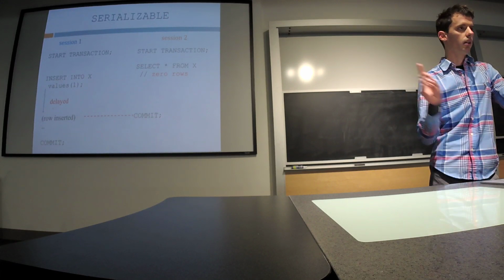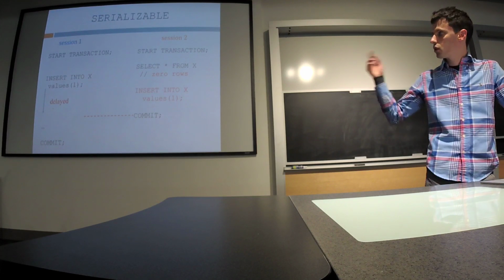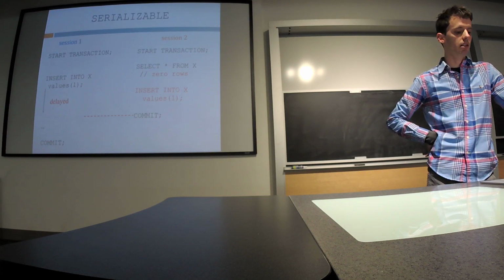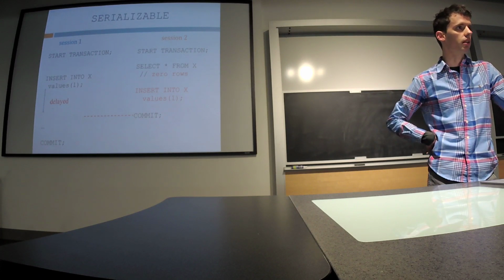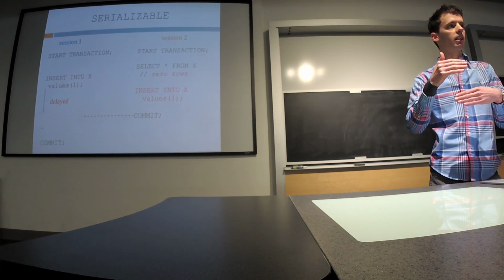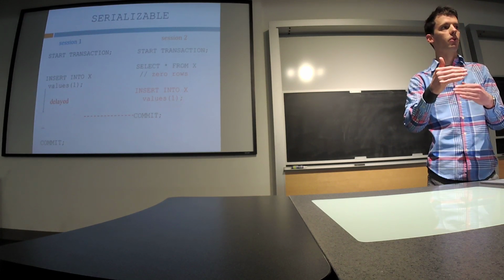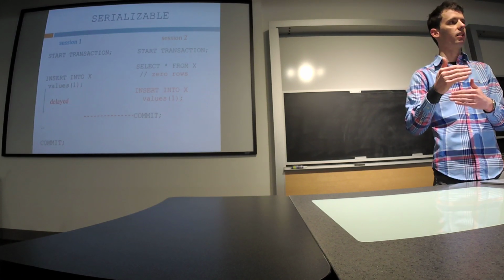So let's say after doing some select, session 2 decides, maybe based on the result of that select, to do an insert. It needs for that to be atomic. If it selected something and got 0 rows, then decided to do an insert based on that, you need that to be atomic.